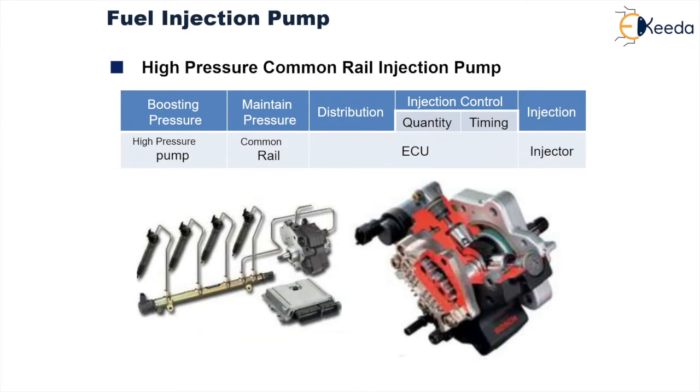Then again, in the high pressure common rail injection pump, the boosting pressure is developed by the high pressure pump. Pressure over here is maintained by the common rail. Distribution, injection controls quantity and timing. It is determined by the electronic control unit. And injection takes place by means of the fuel injector.